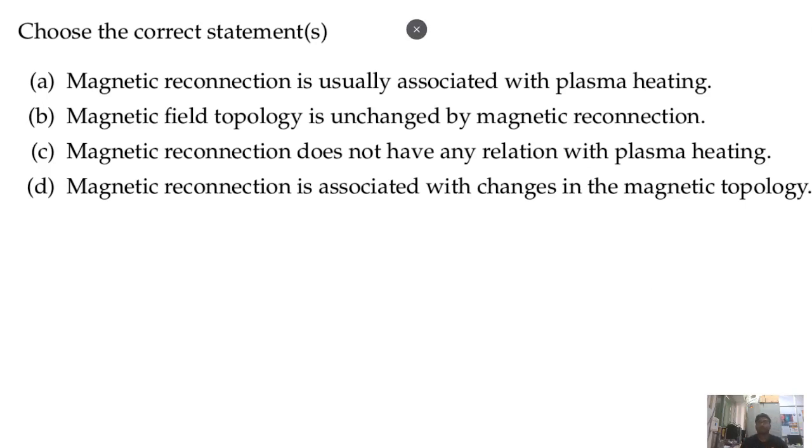So before trying to find out what the correct statements are, we need to find out what magnetic reconnection is and when it can happen, right?